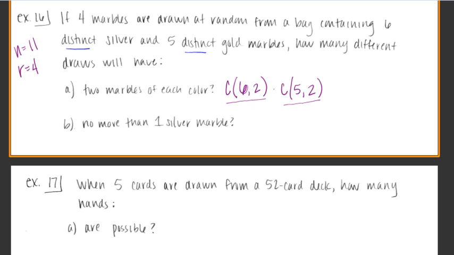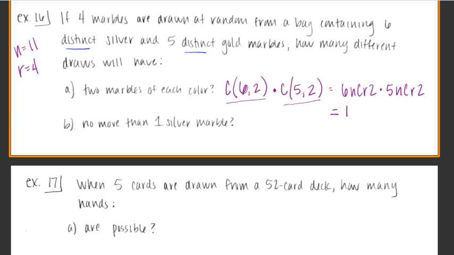And remember, back on the very first thing, the multiplication principle says the total number of ways this can be done is by multiplying it together. So it's a combination of the 6 silver, we're going to pick 2, and of the 5 gold, we're going to pick 2. Or if we use our calculator, that's 6 nCr 2 times 5 nCr 2.